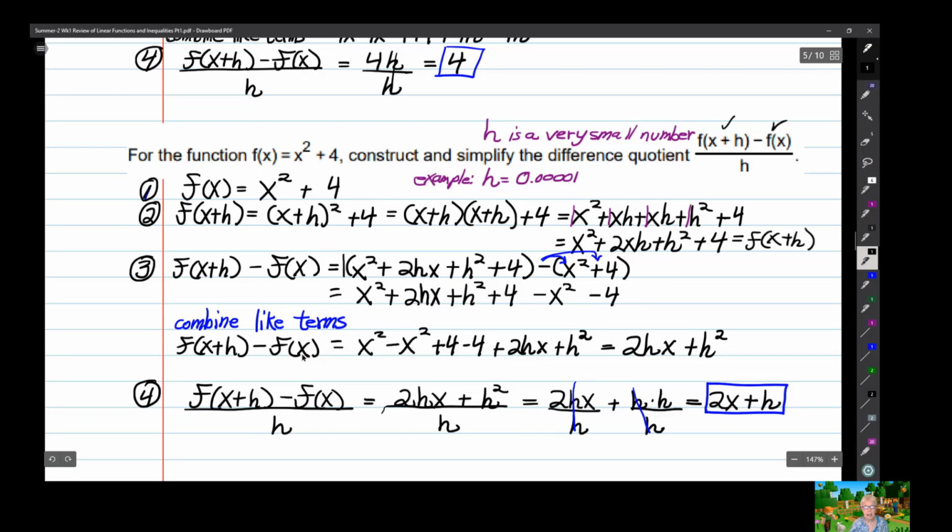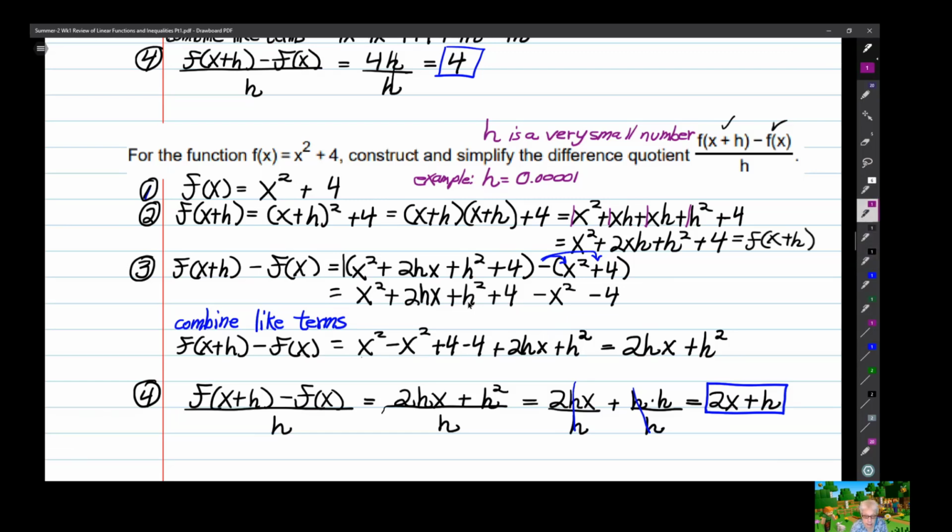Now I combine my like terms. x squared minus x squared, that's 0. 4 minus 4, that's 0. So I'm left with 2hx plus h squared, and that's it. That's what I'm left with.